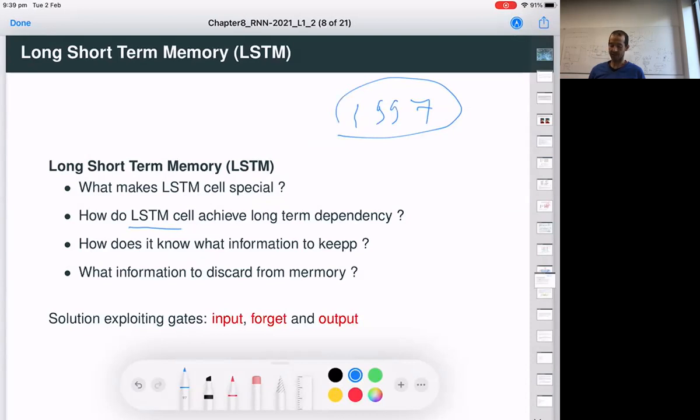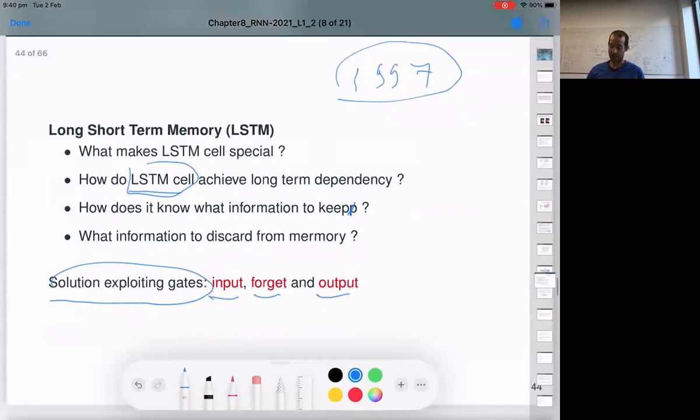There is a different cell used, to know how it can keep the information and also discard some memories. So the solution uses different gates: input, forget, and output gate. That's the LSTM. You have seen the simple gate for the recurrent network, and this will be an extension.